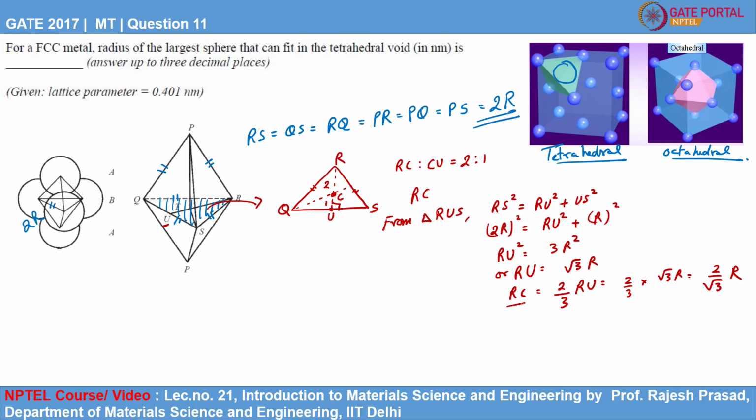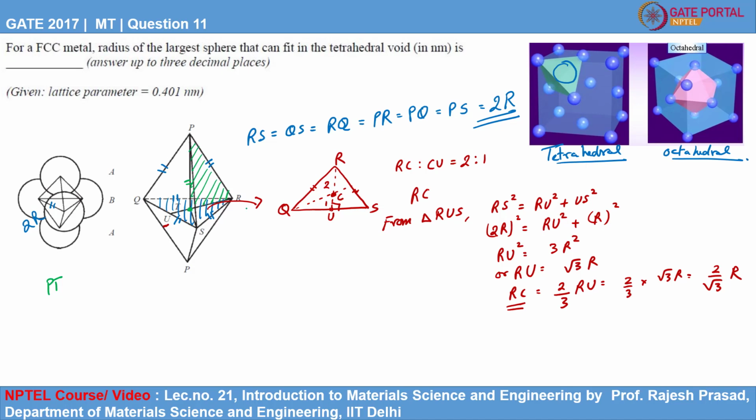Now I am interested in finding the vertical height, that is the length PT, on this side. In order to determine the length of PT, I am going to consider this right angle triangle, highlighted in green. And what is this point?